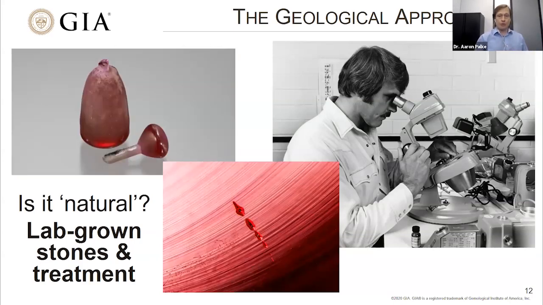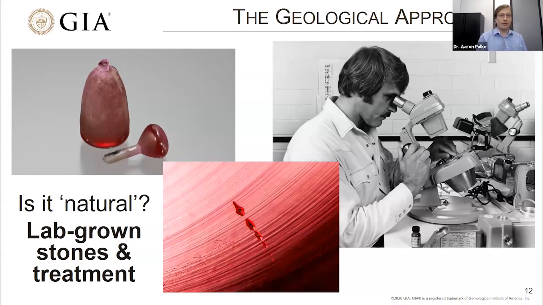Now you hand him another ruby, and he looks inside the ruby. He sees a photomicrograph as shown here in the middle at the bottom. He sees curved bands, he sees gas bubbles, and all of a sudden he says, I've never seen a rock formation in the earth where you find rubies with curved bands and gas bubbles in them. But then he says, oh, but they do form rubies in the laboratory.